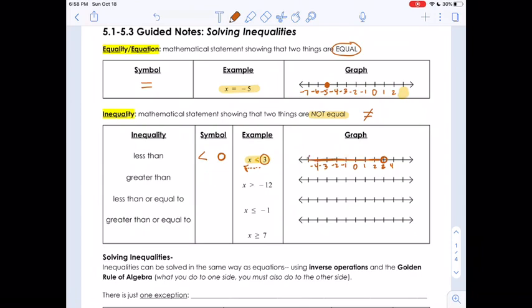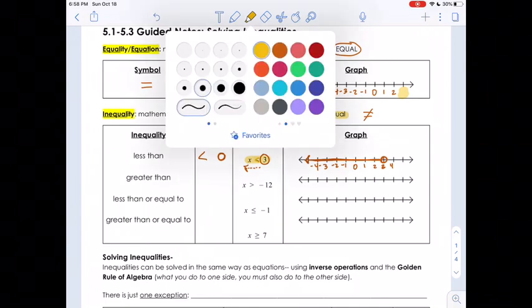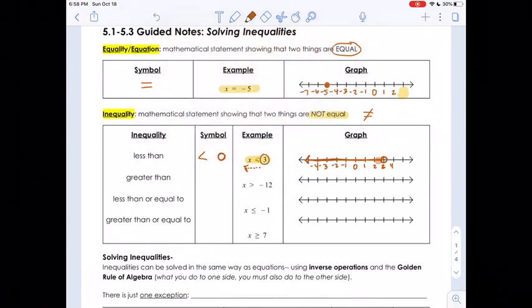This is very different than equality, what we were talking about before, where we just have one answer. It has to be -5. But here we're saying that our answer could actually be anything less than 3, all the way to -infinity. What this is also saying is x cannot equal 3. So we can get very, very close to 3.